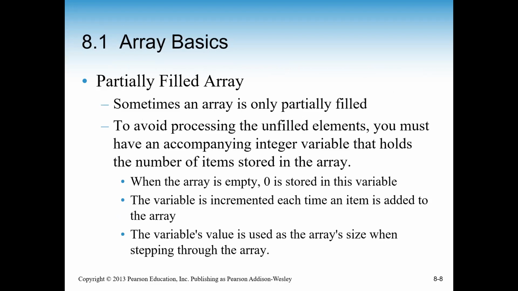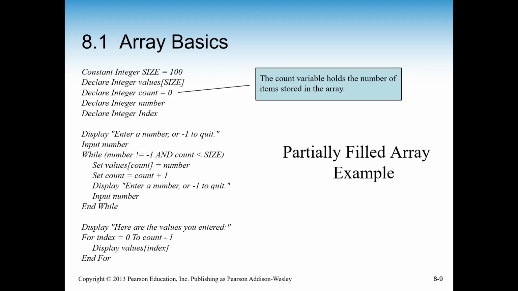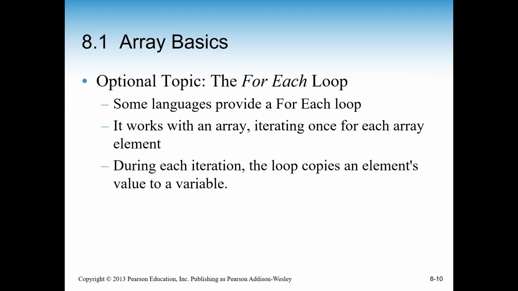We talked about partially filled arrays, and when you have these, you probably want to keep track of how many values you've already added. We did an example of how to add values into the array and then how to read the values back.